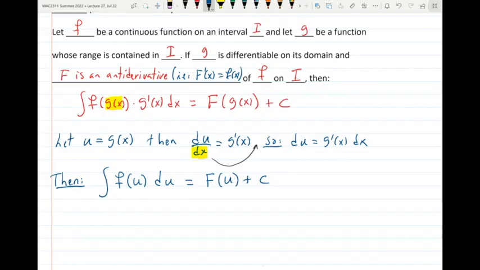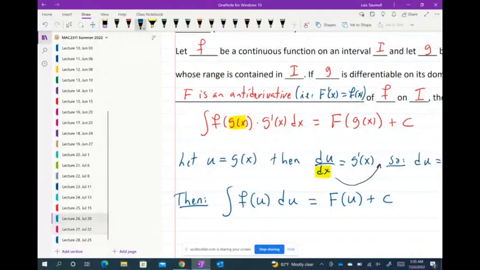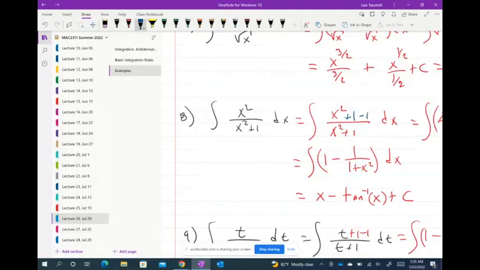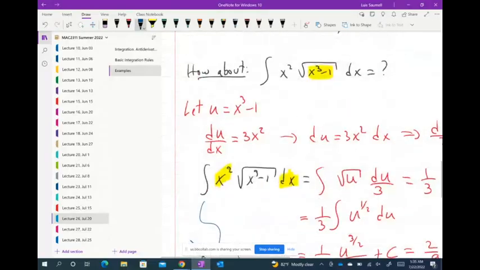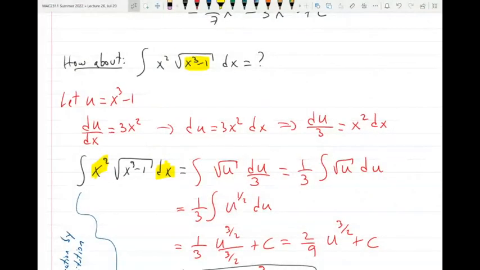So now, if you look back at the example that we did last time, you will notice why we make such a substitution. Because remember, basically what you want to do is see if you spot a composition in the expression that you're trying to find the integral of, and then hopefully you realize that the composition is happening right here, right?